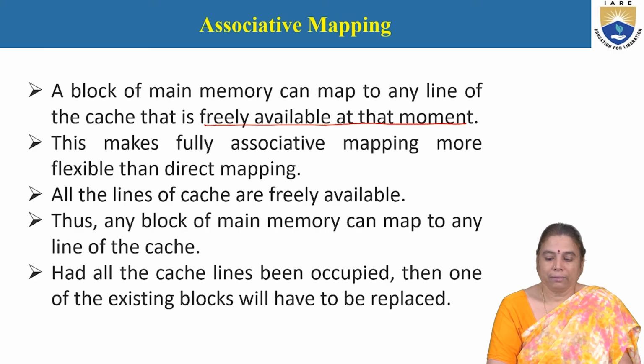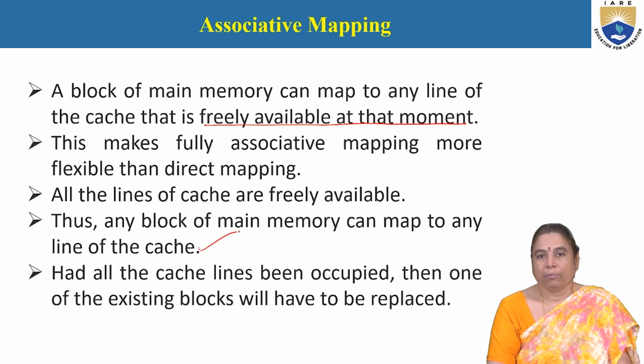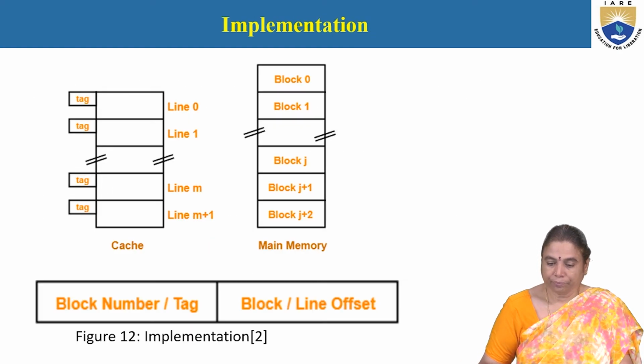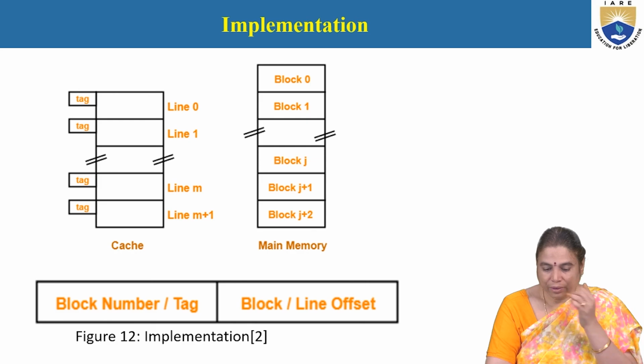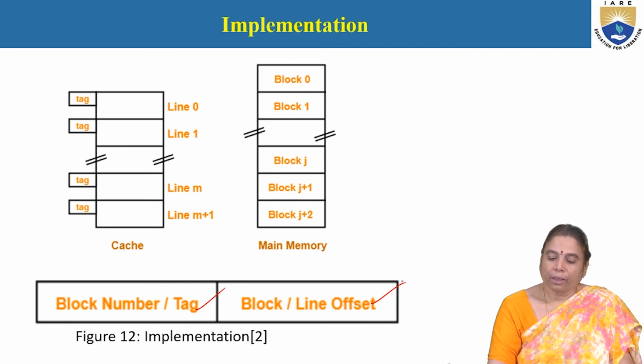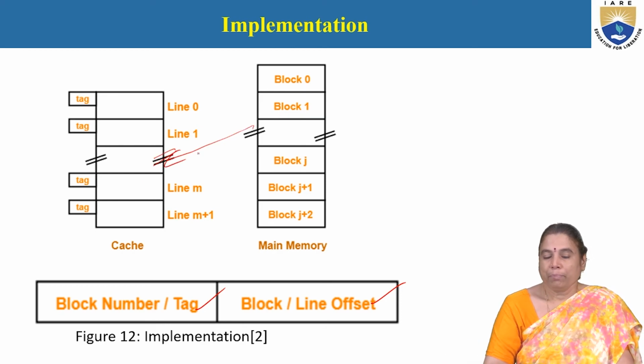All the lines of the cache are freely available, so any block of main memory can map to any line of the cache. So there is no need to perform the modulo operation here. Here the physical address register can have the block number or tag, and block or line offset. And this is the main memory, and the freely available line is mapped with the memory block.